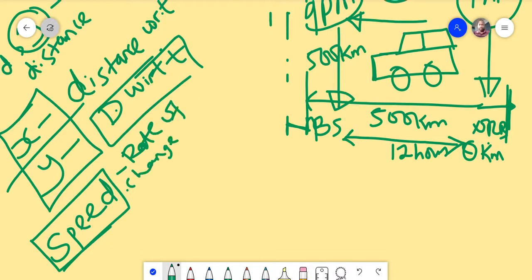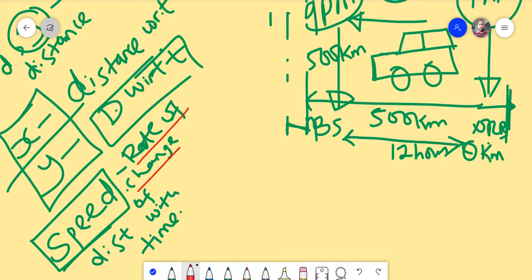Sorry, I'm using abbreviations. So basically, this is what defines differentiation: differentiation will be looking at rate of change.